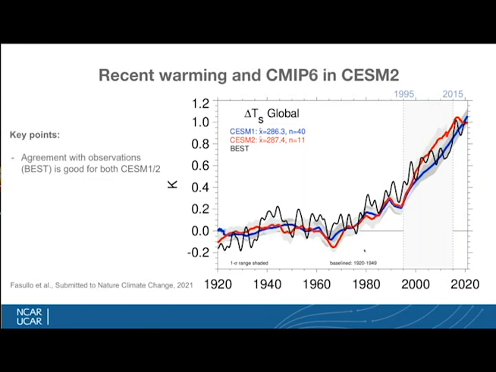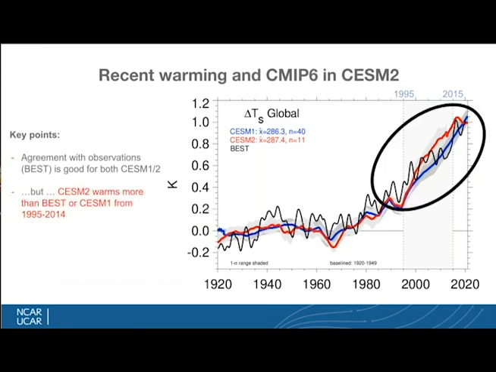If you baseline the global surface temperature to 1920-1949, then this is the CMIP6 result in red for CESM2. The equivalent in blue would be for CESM1. We have a large ensemble for CESM1 with 40 ensemble members. For CESM2, we have 11 ensemble members, so slightly different numbers of ensemble members.